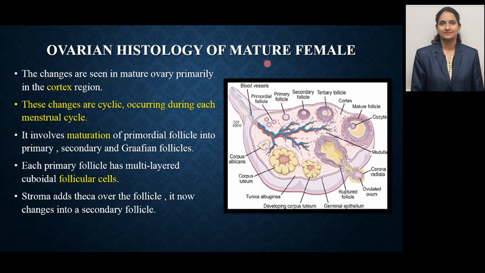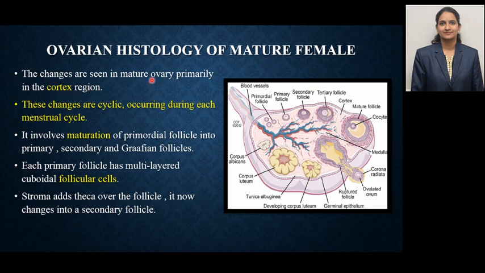Ovarian histology of the mature female. Now this is the histology of a mature female's ovary, while some time before we studied the immature or juvenile phases and what types of ovary structures are there. Now we are going to see the ovarian histology of the mature female.